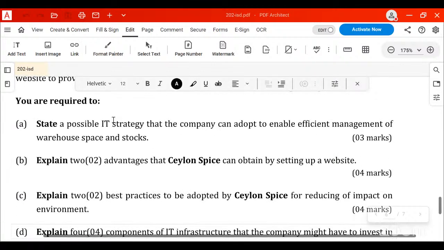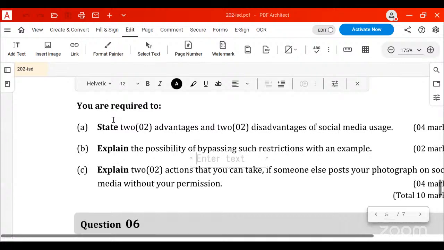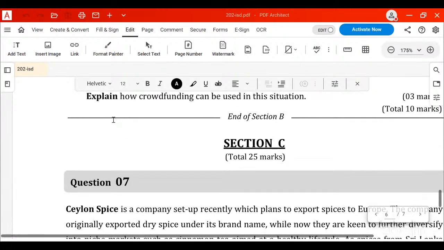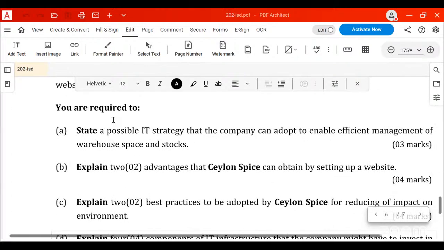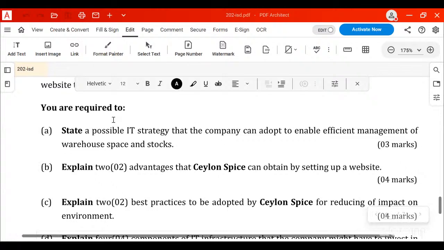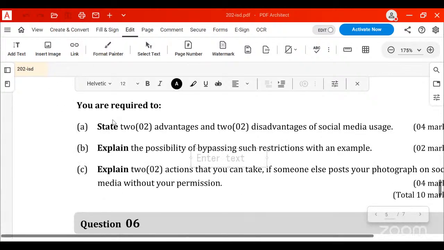Explain two advantages that Ceylon Spice can obtain by setting up a website. What they can get through a website? That is increasing the market reach, right?